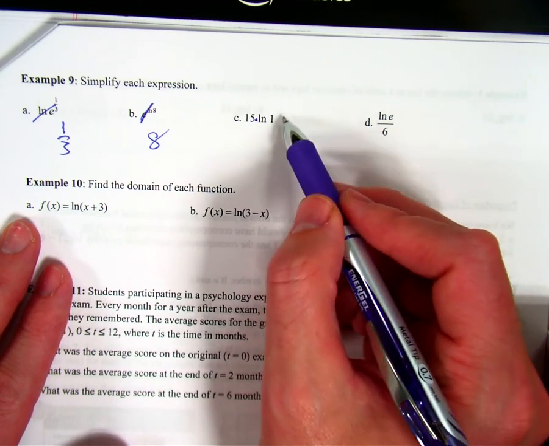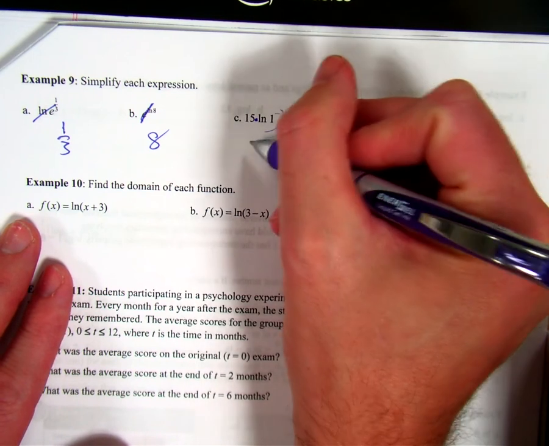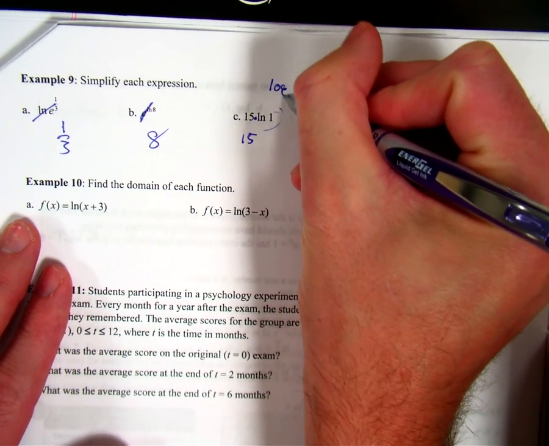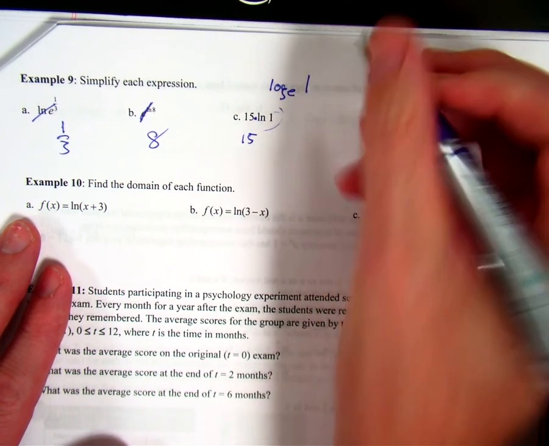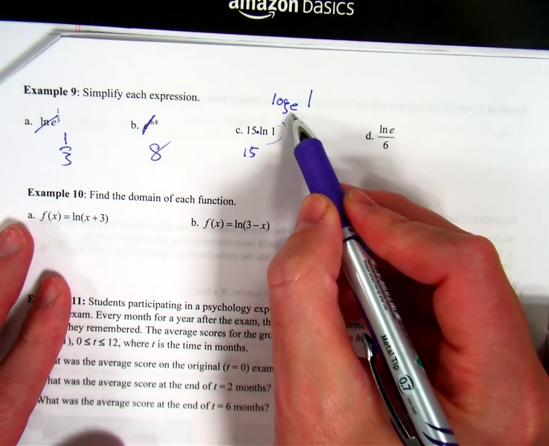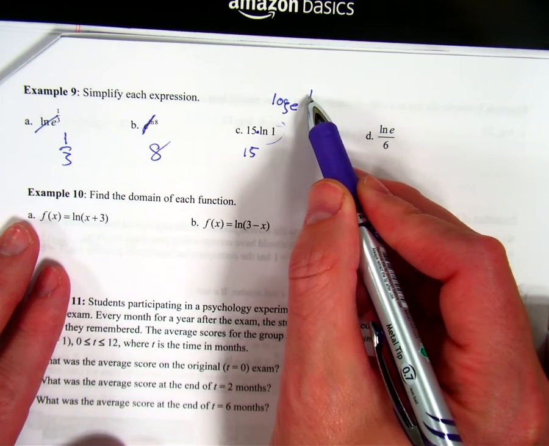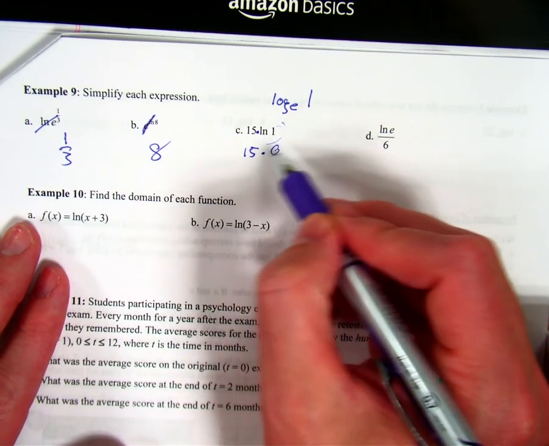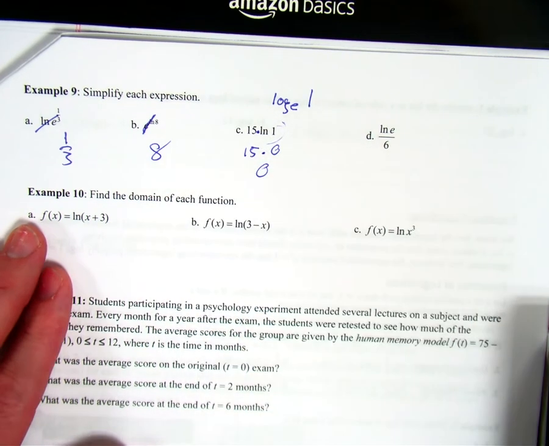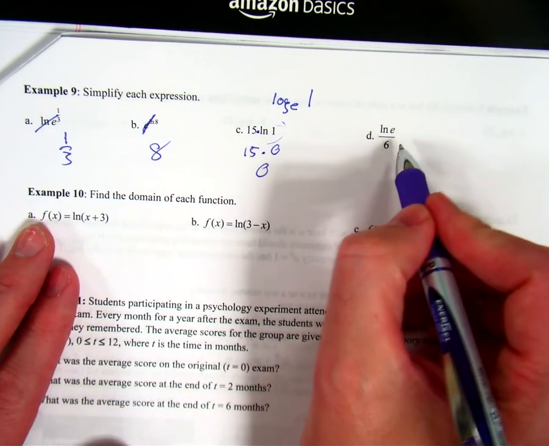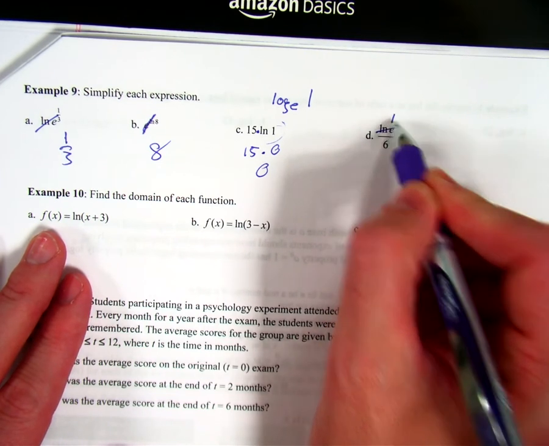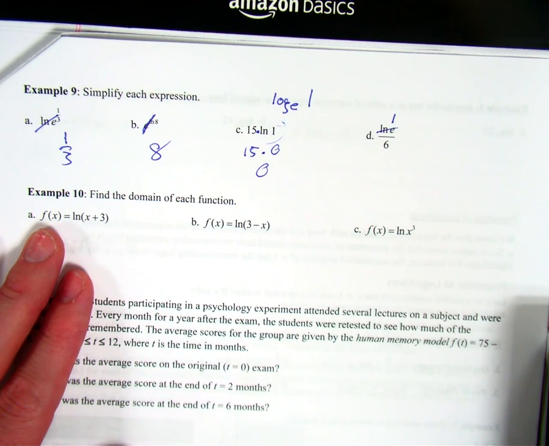E to the 0. So this is 0. Remember, we're doing log base e of 1. What power of e would give me 1? 0. So that's why this is 0. And 15 times 0 is 0. Natural log and e are inverses. They're going to cancel out, and they're going to be 1 over 6.